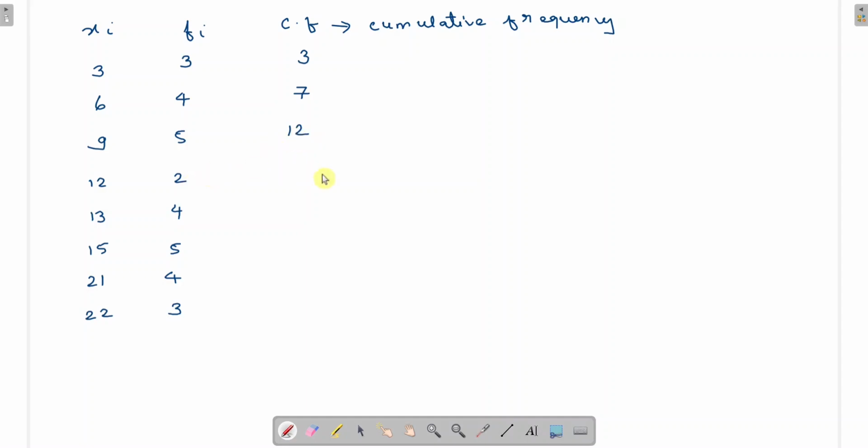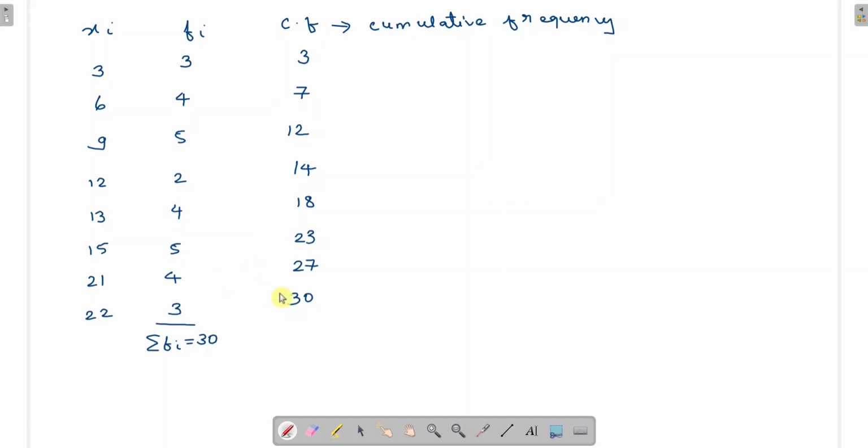Then 12 to this 2, we get 14. 14 to this 4, we get 18. 18 to this 5, we get 23. 23 to this 4, we get 27. 27 plus this 3 will be 30. So total sigma fi is nothing but 30. If you add this, you will get 30 here.